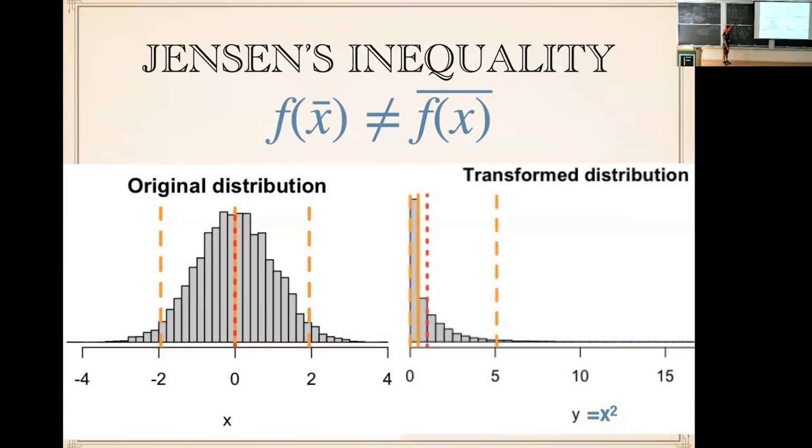Okay, mean is 0. 0 squared is 0. Every single value is positive. Can the mean be 0? No. The mean of a function is not the function of the mean. If you plug in, you will get biased predictions. The mean's actually 1.